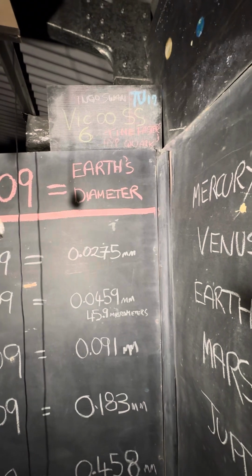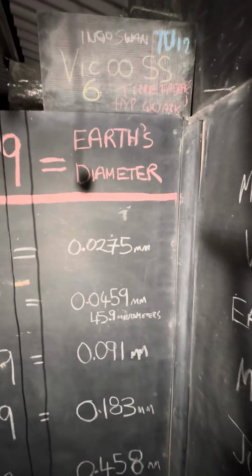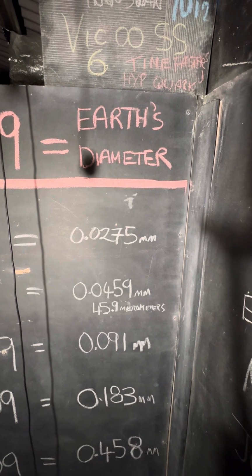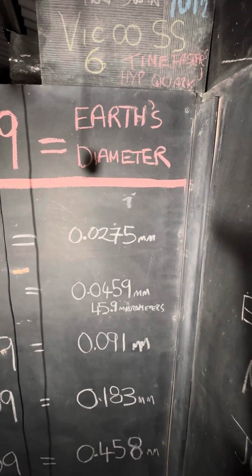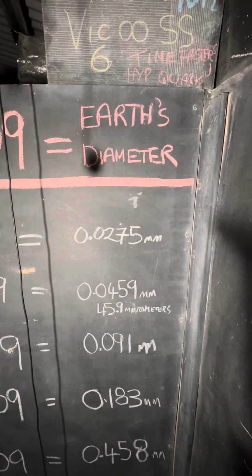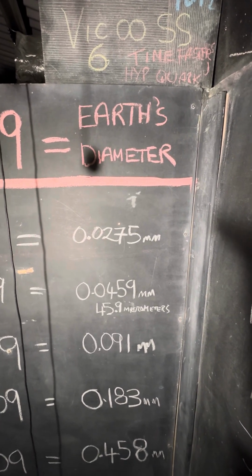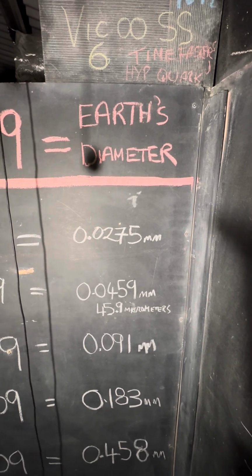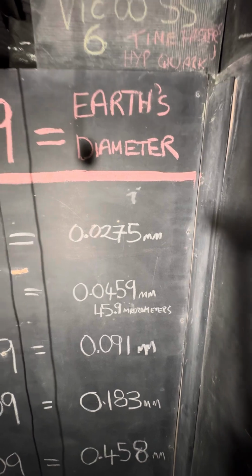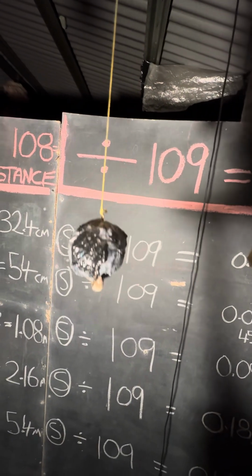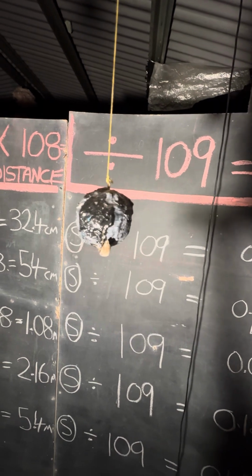It's tiny. There are 1,000 micrometers in a millimeter. That Mercury would be 27 from 1,000.